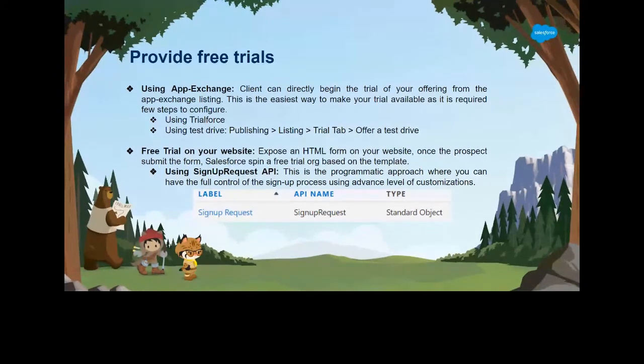Let's say you want to upload some test data, or do some configuration on top of your managed package solution. You can log in as an admin and do all this setup in that developer edition org. Once it is done, you will onboard your pilot users using the evaluator role.